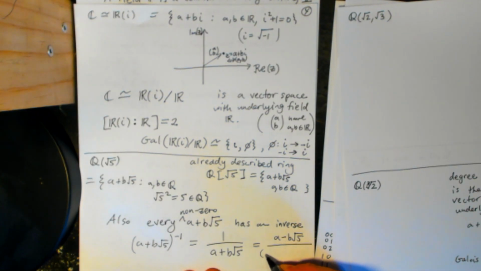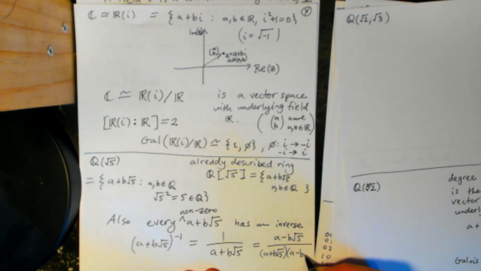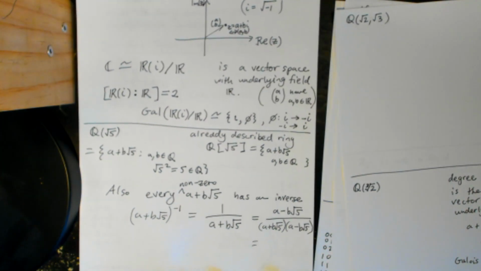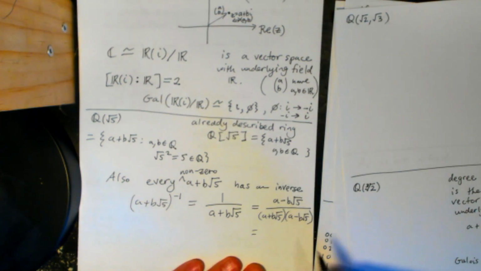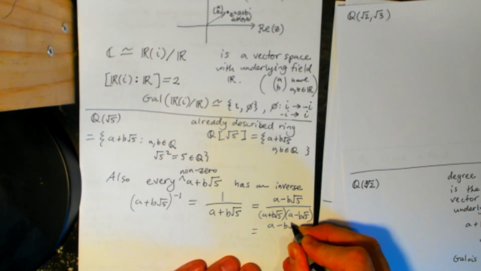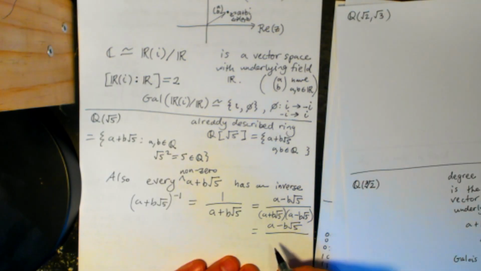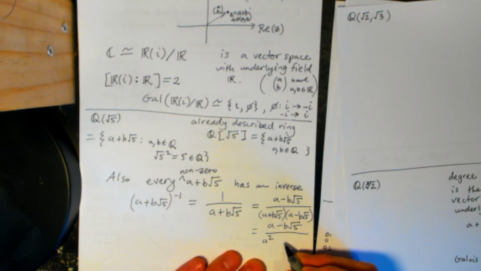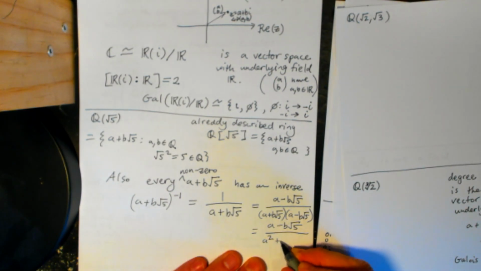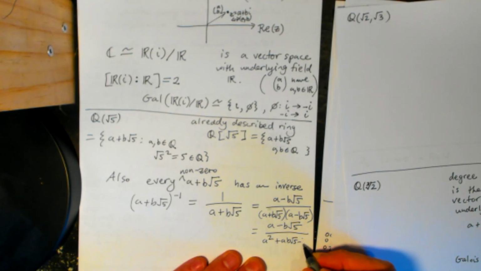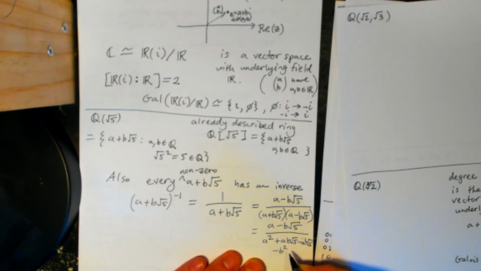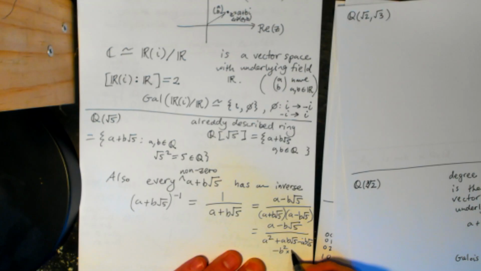Okay, down here I have the product a plus b root 5 times a minus b root 5. Okay, now expanding that denominator. So in the numerator we still have a minus b root 5, but in the denominator we have a squared, and then we have plus ab root 5, and then we have minus ab root 5, and then we have minus b squared root 5 squared, but that's just 5.